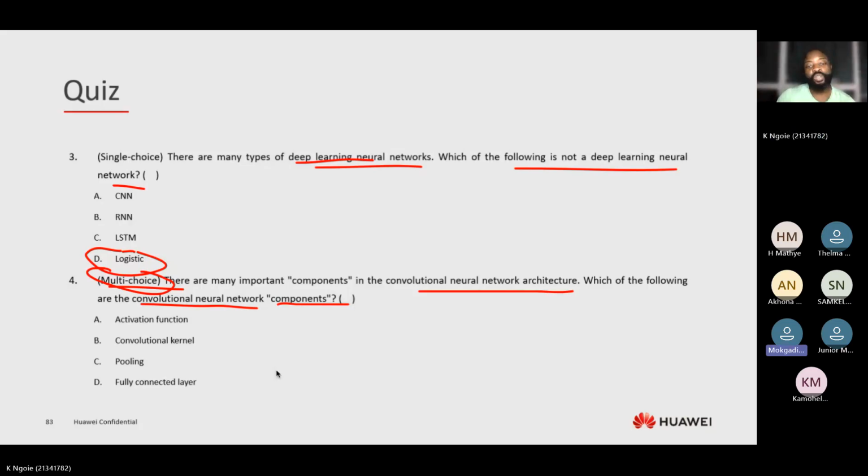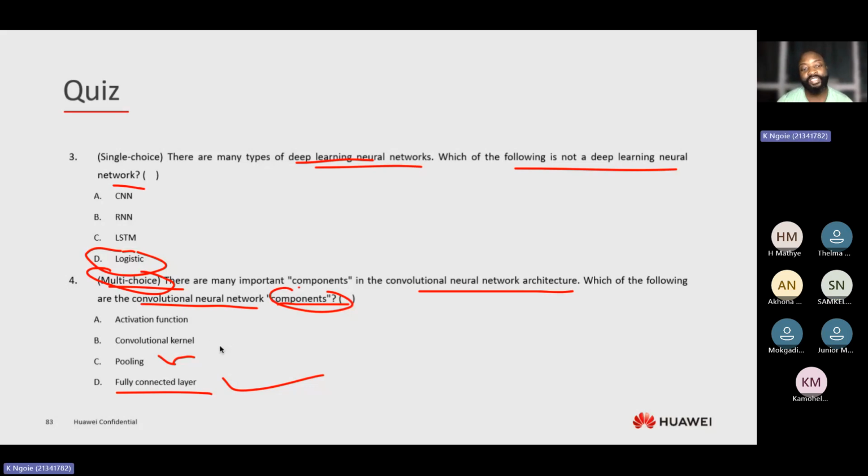All right. Do we have a fully connected layer? Yes. Remember here, we're not talking about layers only. We're talking about convolutional neural network components, anything that is part of it. Do we have anything to do with pooling, a pooling layer? Yes, we do. Do you have a convolutional kernel? We have a convolutional layer.